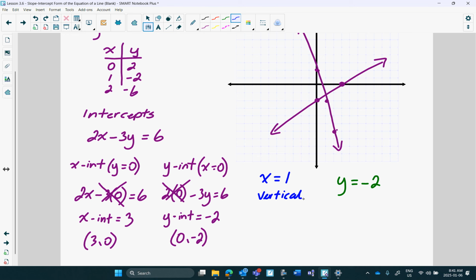So I find x at 1, which is here, and draw a vertical line. If it has just a y in it, it's going to be horizontal. So I go on the y-axis, I find negative 2, and I draw a horizontal line.